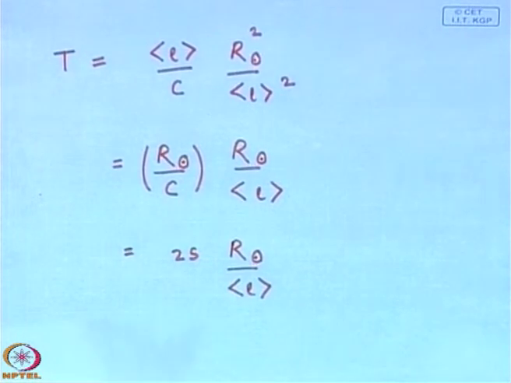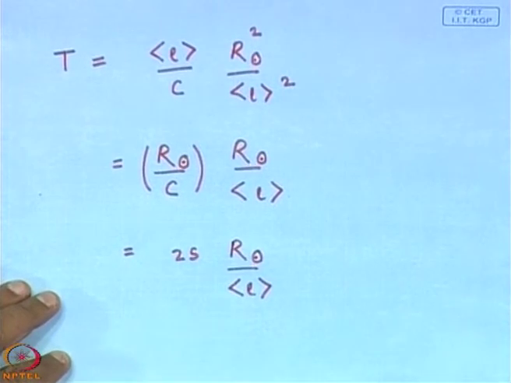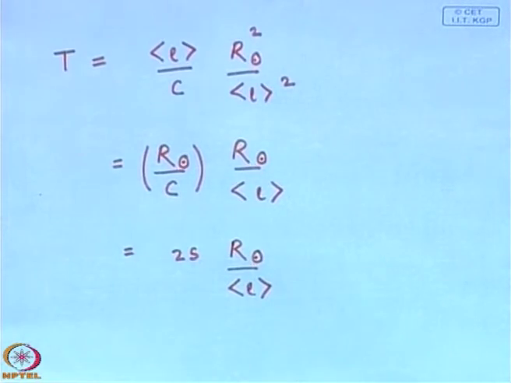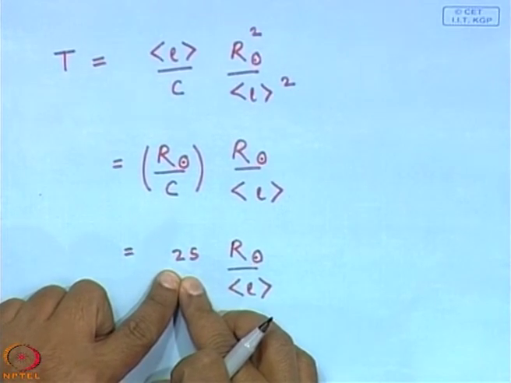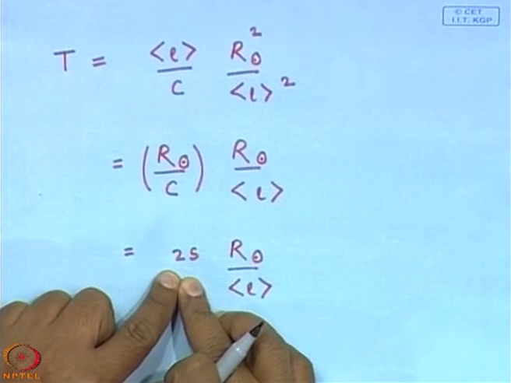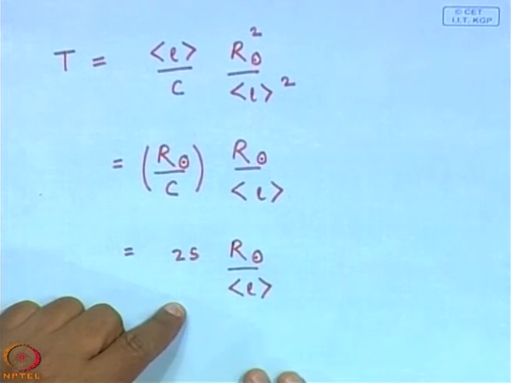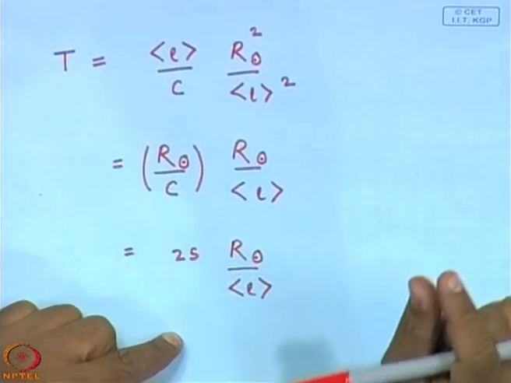So, let me remind you what we are discussing. If the photon propagates freely from the center of the sun outwards, it will take barely 2 seconds to come out, but it cannot propagate freely. It gets scattered after traveling roughly every half a centimeter or 1.7 centimeters, it changes direction.